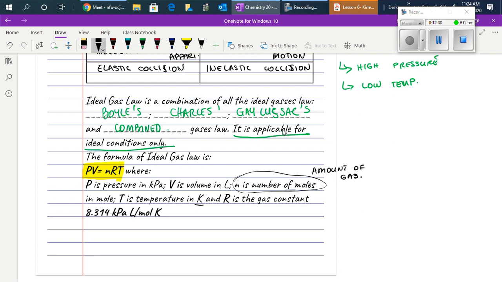T is temperature in Kelvin, and R is the gas constant, a number that you have to write into your data booklet, and it is 8.314 kPa·L over mol·K. The reason we have those units is that we need to cancel out the units in order to have an equal sign between PV and nRT.